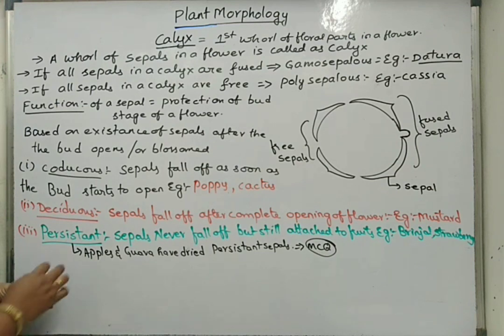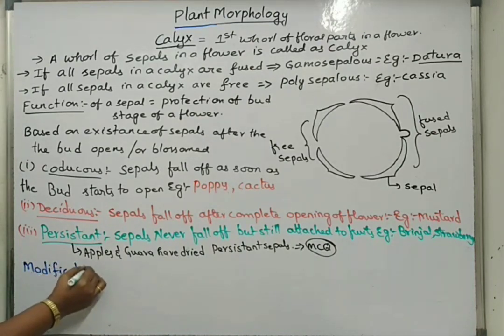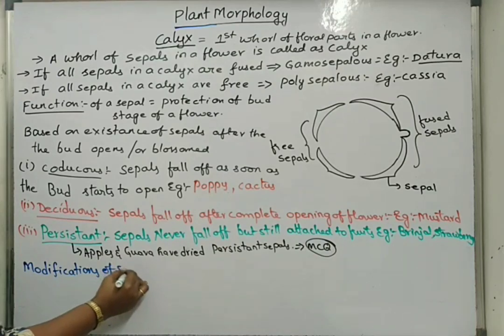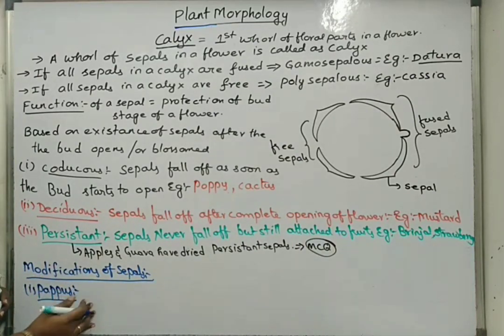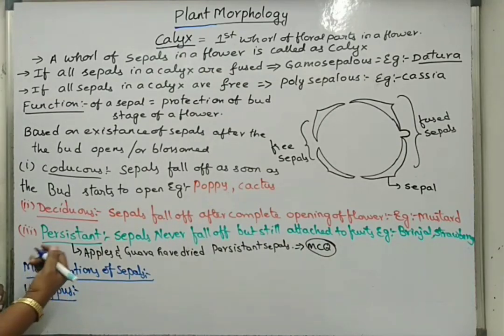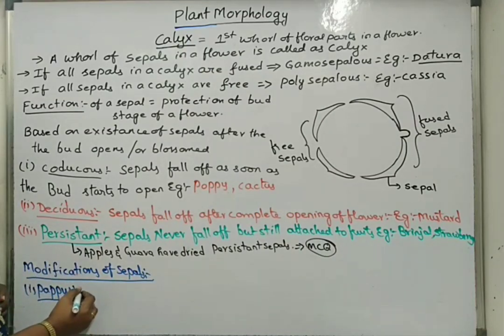Next, what are other modifications of sepals? You will see one or two that are very much important. Modifications of sepals or calyx. First one, pappus. This pappus is a hairy-like structure that helps the seed to get dispersed from one area to another area for finding a new area and germinating there at a suitable place.